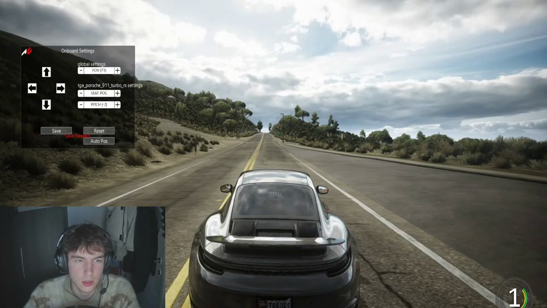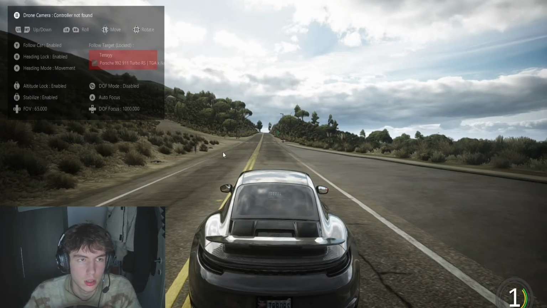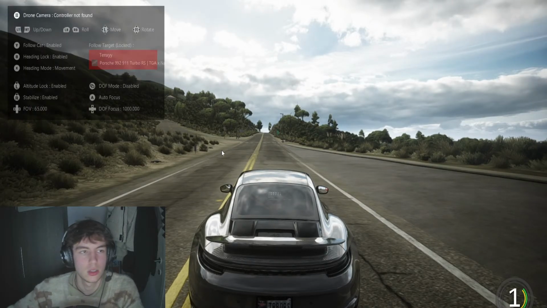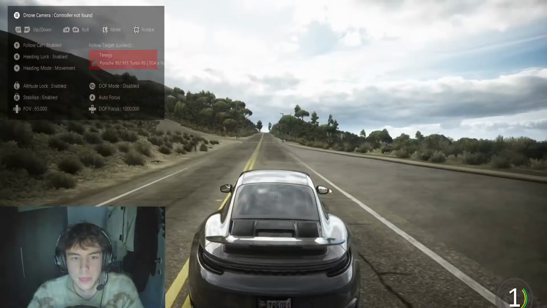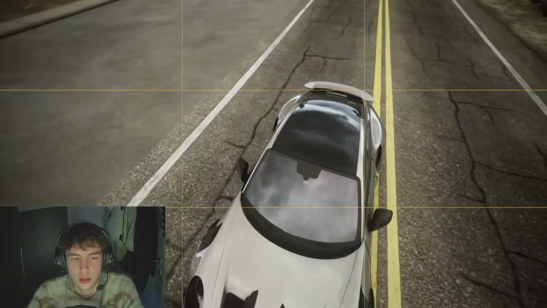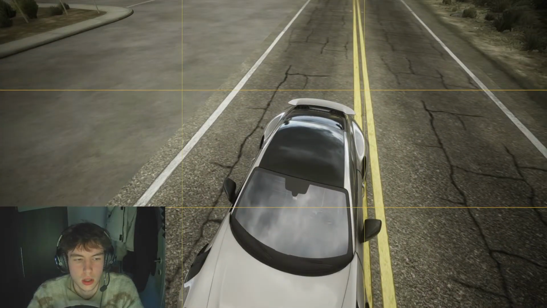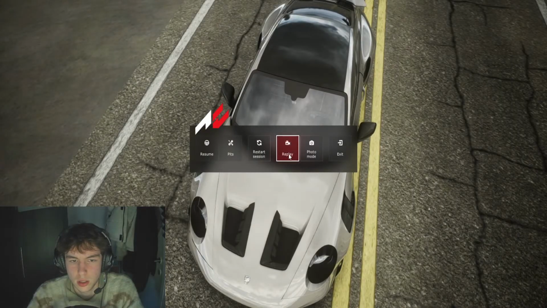Okay, that's not. Where do I change my FOV? Wait, I'm gonna try for you. Drone camera. Controller not found. Ah, here. Photo mode. Now, let me... Wait.